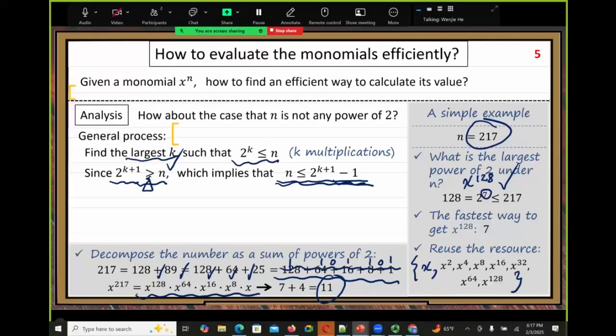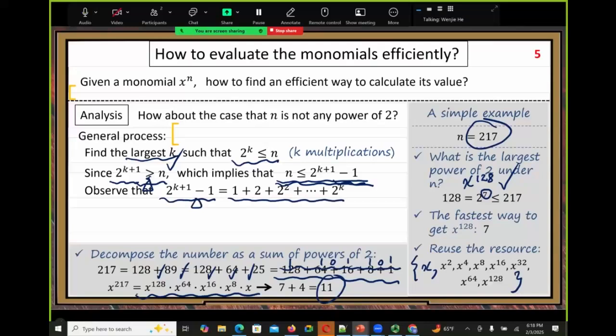Then the binary representation: any n can be represented by powers of 2, right? From the binary representation. And for this number, you can use all the smaller powers of 2. The sum of all the smaller powers of 2 will be equal to this one. You can see it easily.